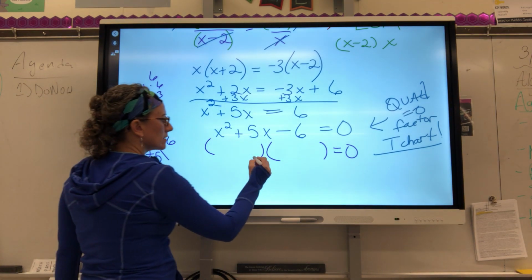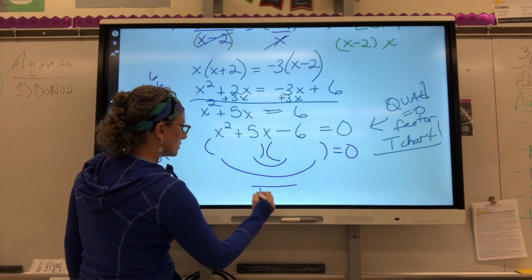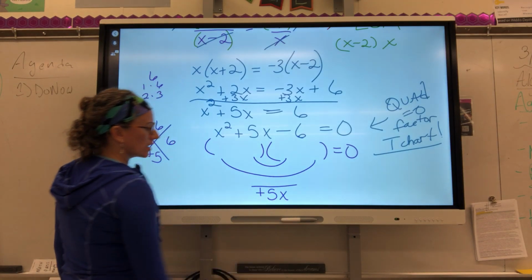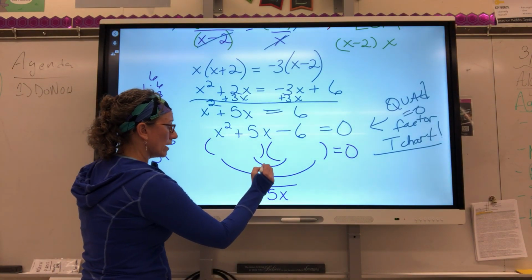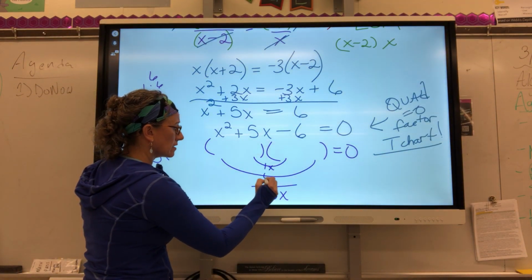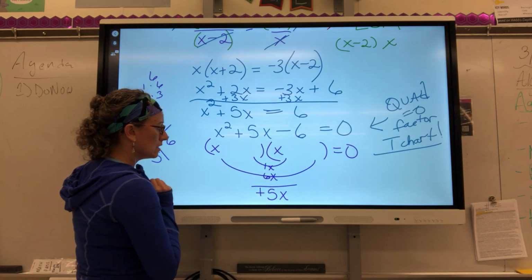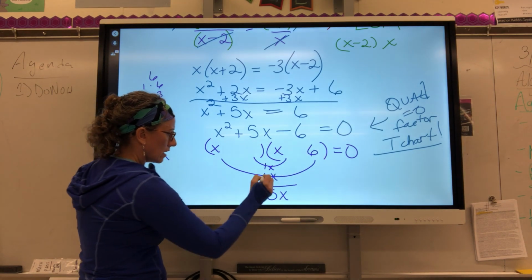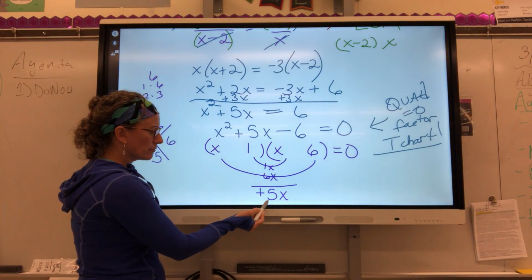The 1 and the 6 are going to be able to add up with different signs to give me a positive 5x. So I need a 1x, and I need a 6x, and I need an x here, and an x here, and I need the 6 here, and the 1 here, and I have to add them and get positive 5.